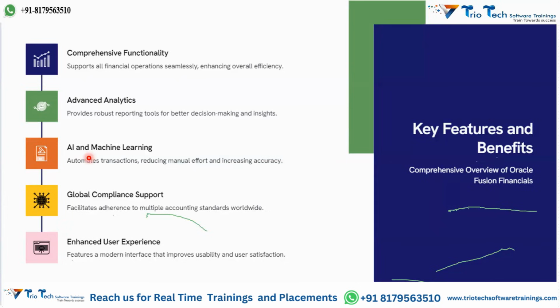But that doesn't mean that it is going to eradicate the requirement of human efforts. At the end, it is the human effort that is required to take key decisions, right? So, to the extent possible, AI and machine learning features are available in the application, and timely the application is being upgraded to make the business processes at par with the latest available enhancements in terms of AI and machine learning.